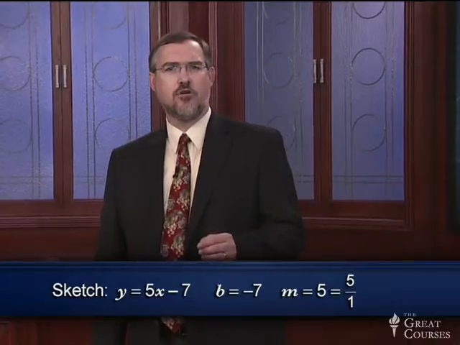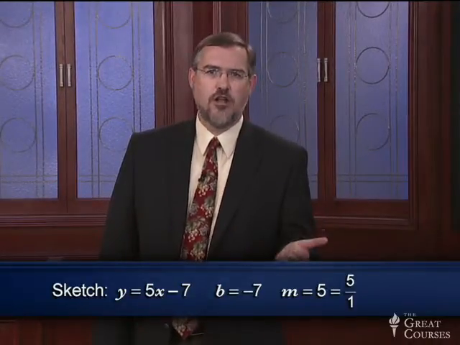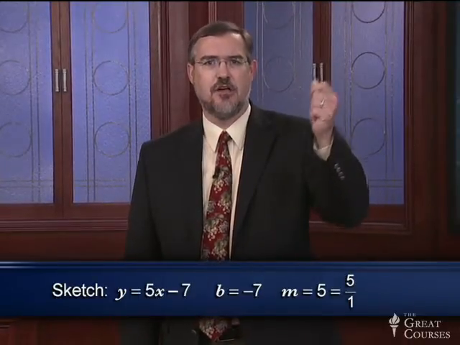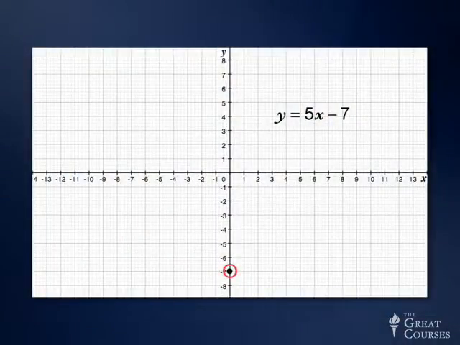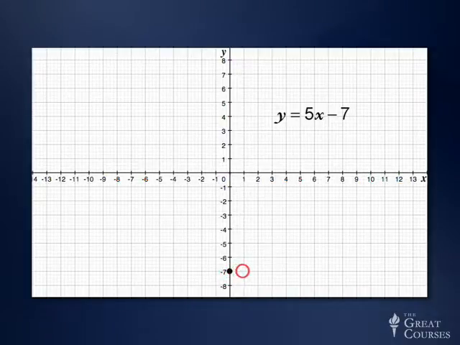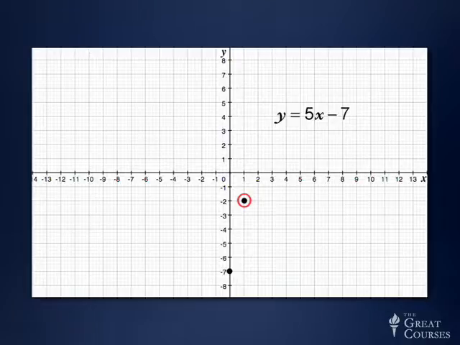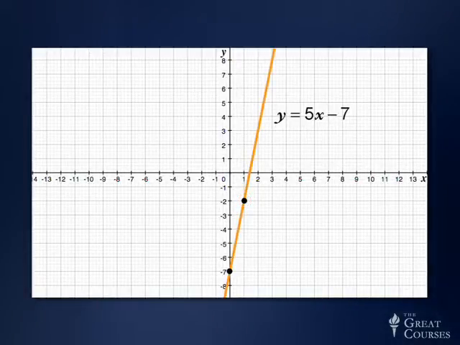So if we were to move over to the right 1 unit, we would have to move up 5 units. So if we start at that y-intercept that we've already plotted, (0, -7), move 1 unit over to the right and 5 units up, we're going to get to a second point, and that's going to be the point (1, -2). Once I connect those dots, it gives me exactly the sketch that I wanted.